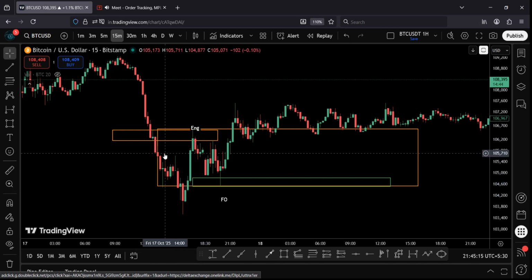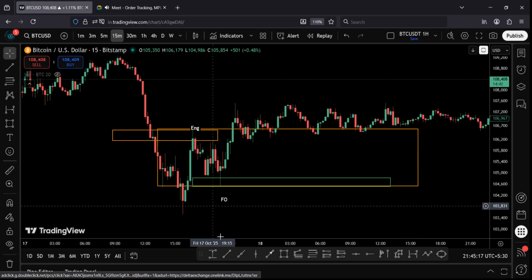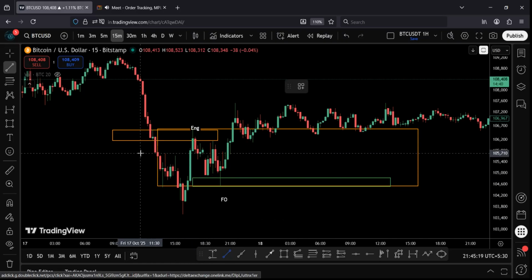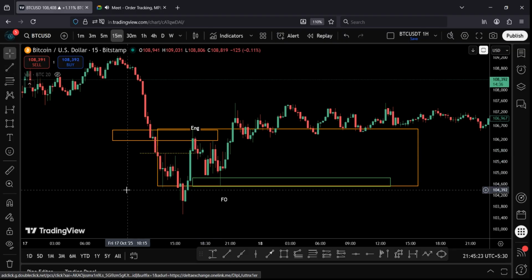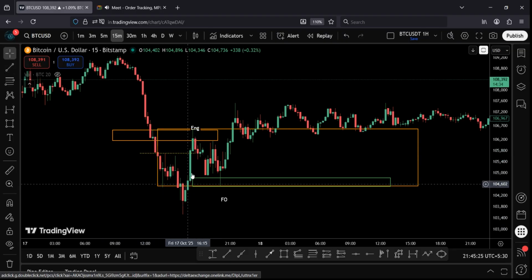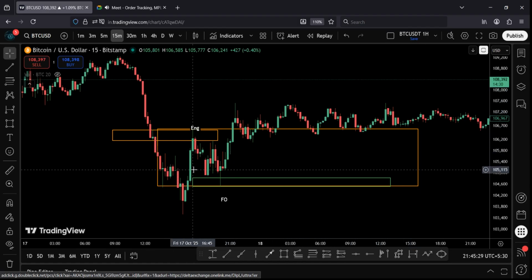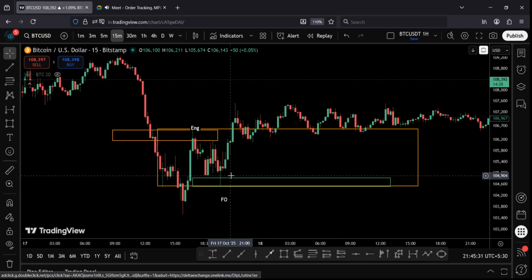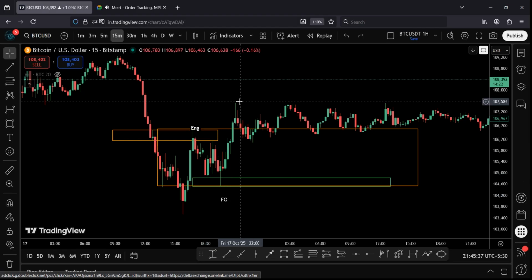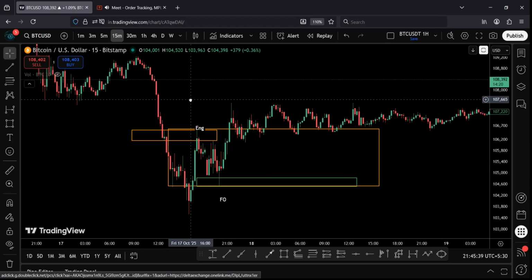If we look here, here was the resistance area, right? But it did not make anything and went straight up. So here price is faking out this zone, going up.